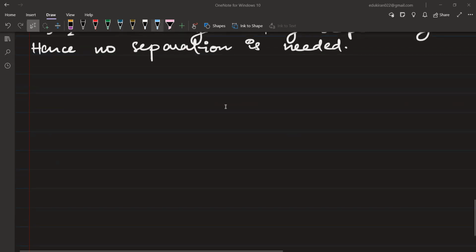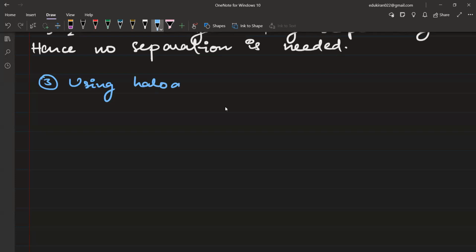Third, right? Using halo acids. What halo acids? HCl, HBr, and HI. Okay, so right. Now in your NCERT, HCl is given more prominently. So I will write the statement according to HCl.